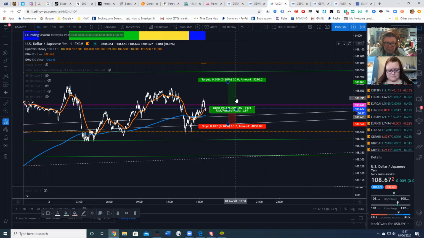And then the slider bar will tell us if we wanted 10 pips stop loss, it's in red. So I write down on a bit of paper 108.556 is going to be my 10 pip stop loss. And then take profit at 20 is going to be something like 108.863.